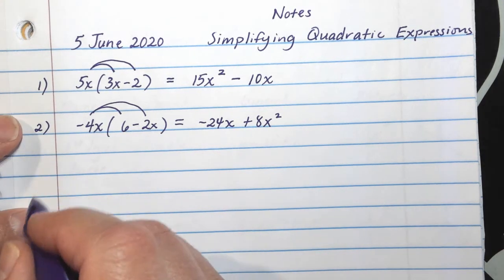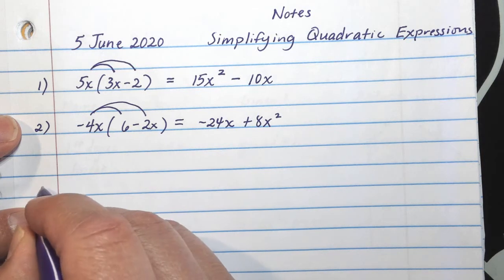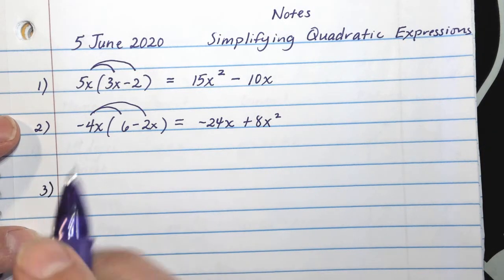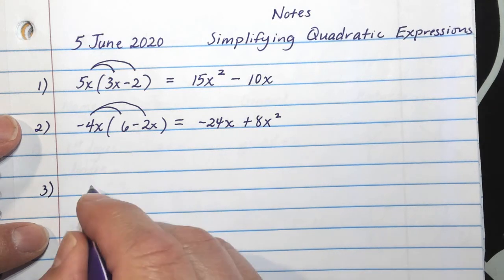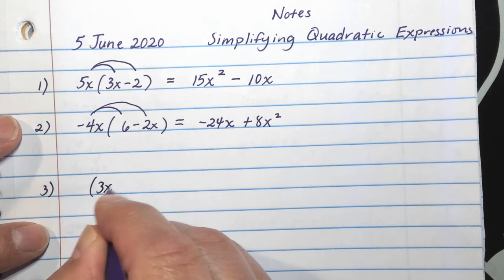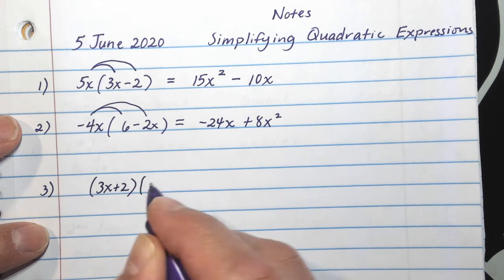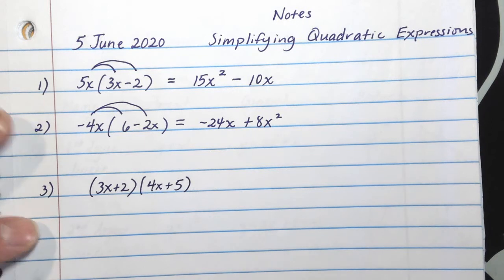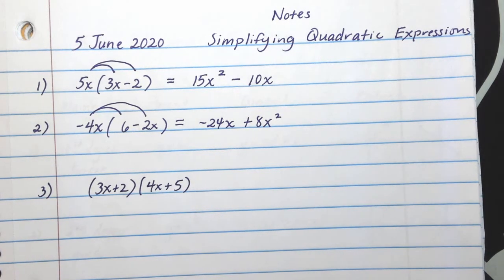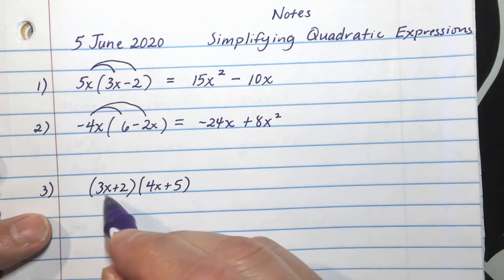Yep, now we get into the nitty-gritty. You don't want none of this. Now we're going to do a binomial times a binomial. Super important. I'm going to make everything positive for the first problem, just to teach you the process. 3x times 4x.